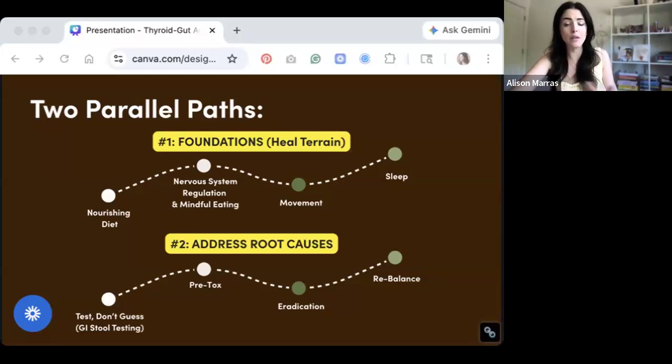Throwing a million supplements right off the bat, your detox pathways aren't open. I'm going to dig into it. We have a certain method with addressing the root causes and doing gut healing protocols, but I want to put that bug in your ear that there's nuance with that thyroid gut connection.